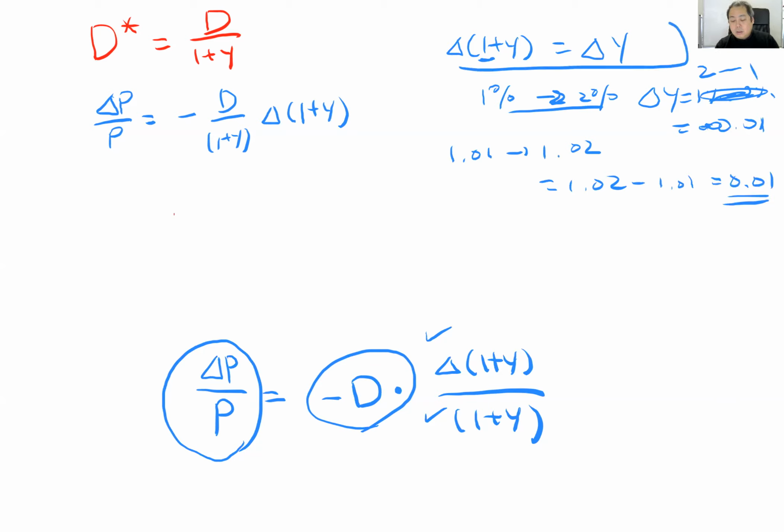So delta (1 plus y) is the same as delta y. So we can rewrite this as D star times delta y.